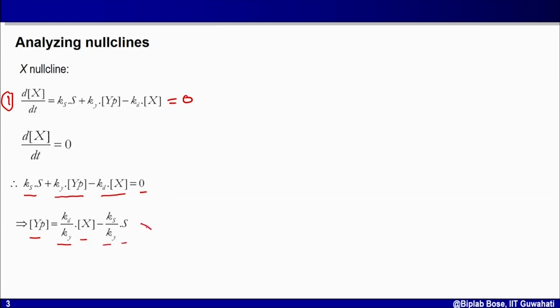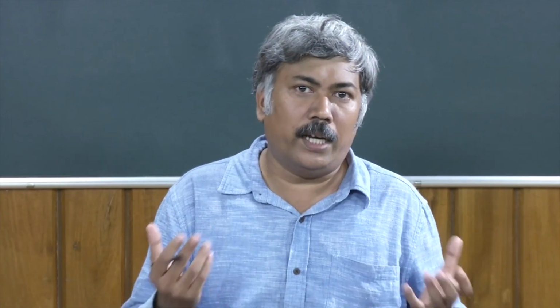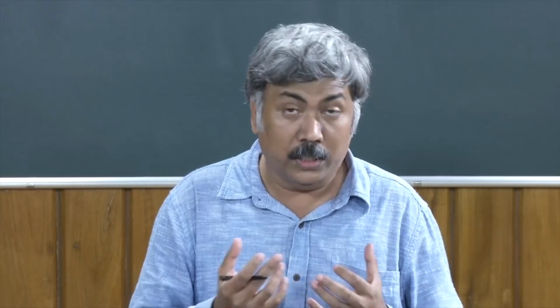It is a simple straight line equation where this part, ks by ky into s, is essentially representing the intercept, and this term, kd by ky, is actually the slope.